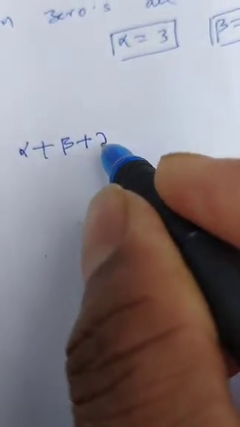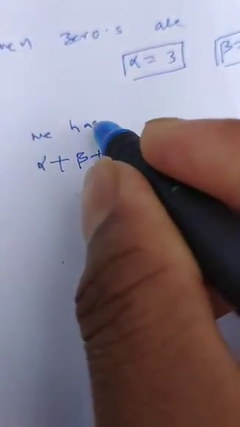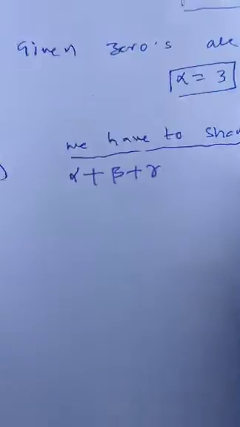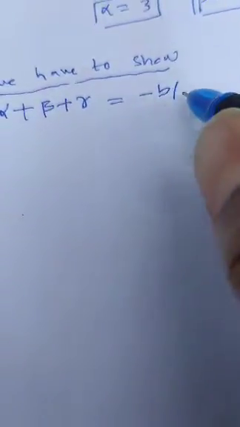For a cubic polynomial we have 3 conditions. The first one is the sum of the zeros, alpha plus beta plus gamma. We have to show that alpha plus beta plus gamma equals minus b by a.